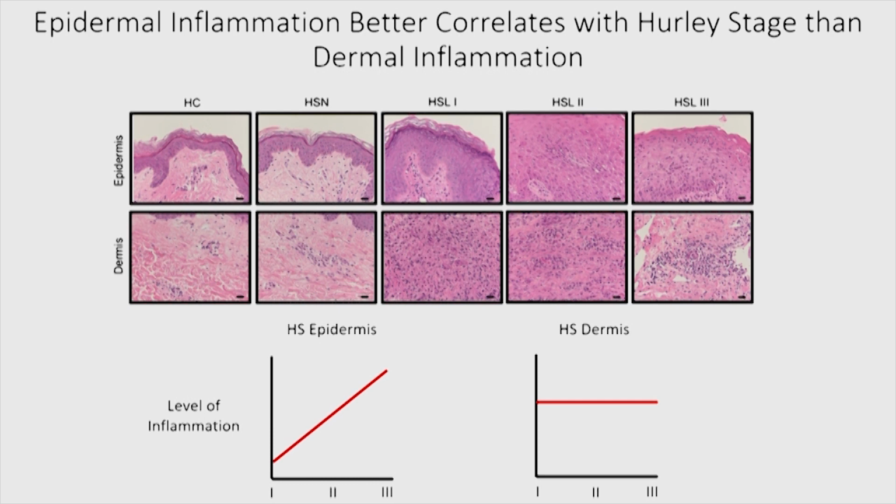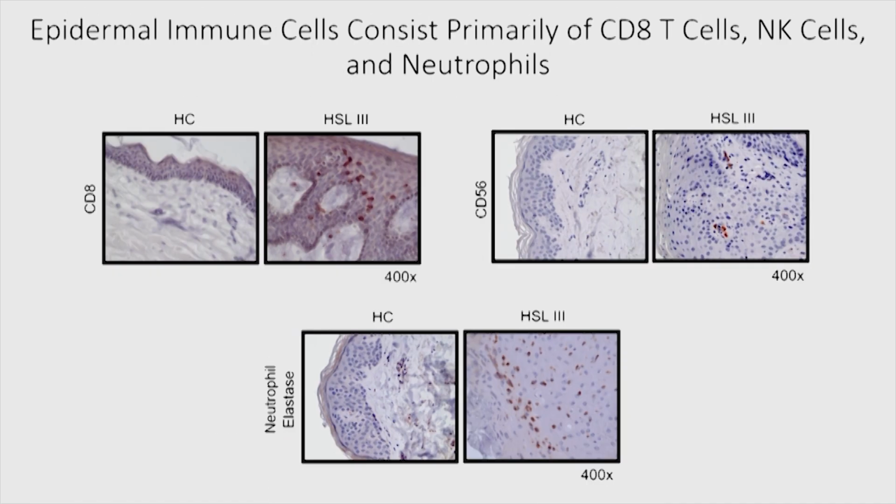We were pretty curious about how this response in the epidermis is evolving and how the immune cells are increasing by stage here and what those immune cells might be. So to answer the first question about what types of immune cells are there, I'm showing you Hurley stage 3 specifically here, but we have looked at earlier Hurley stages as well, but this is when the majority of the cells are there.